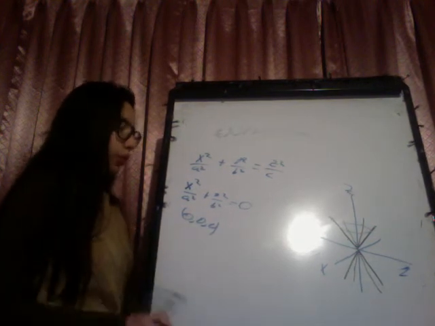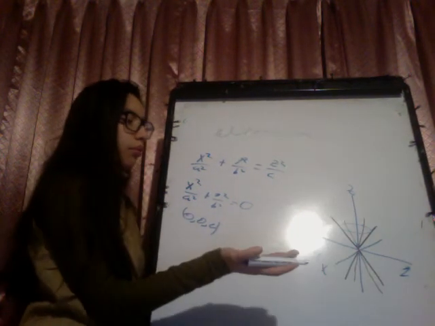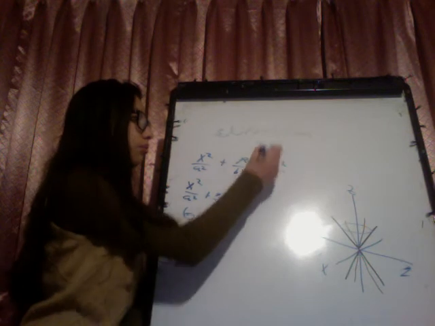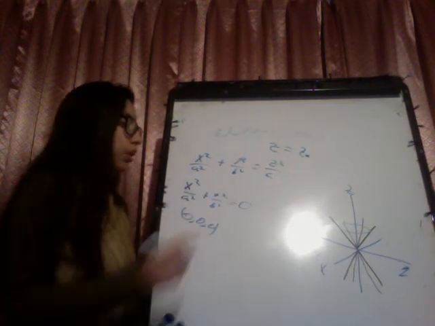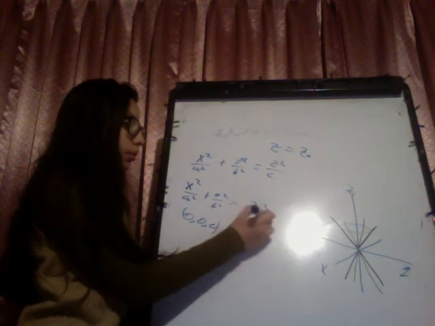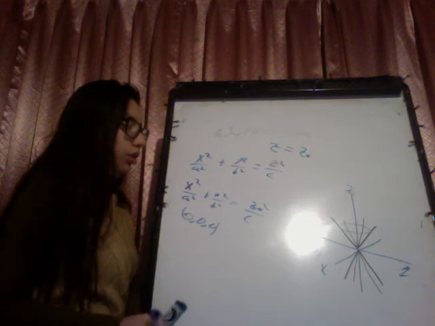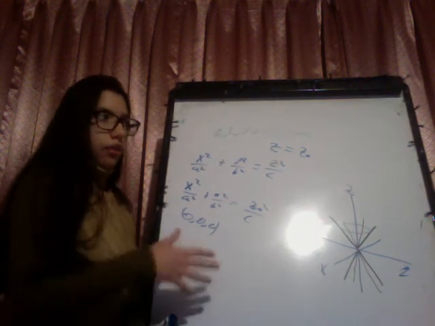But if you put a plane parallel to the xy plane, let's say z equals z naught instead of 0, here you will have z naught squared divided by c squared, and this is just a number, and so you have an ellipse.